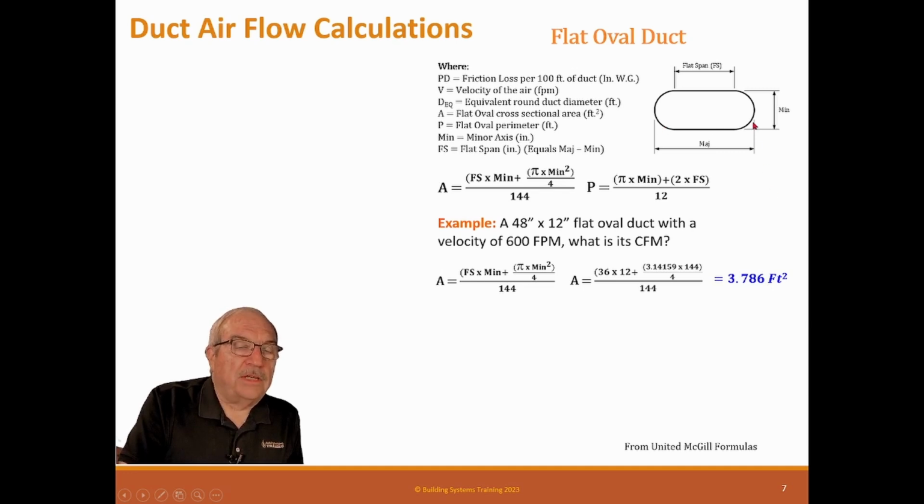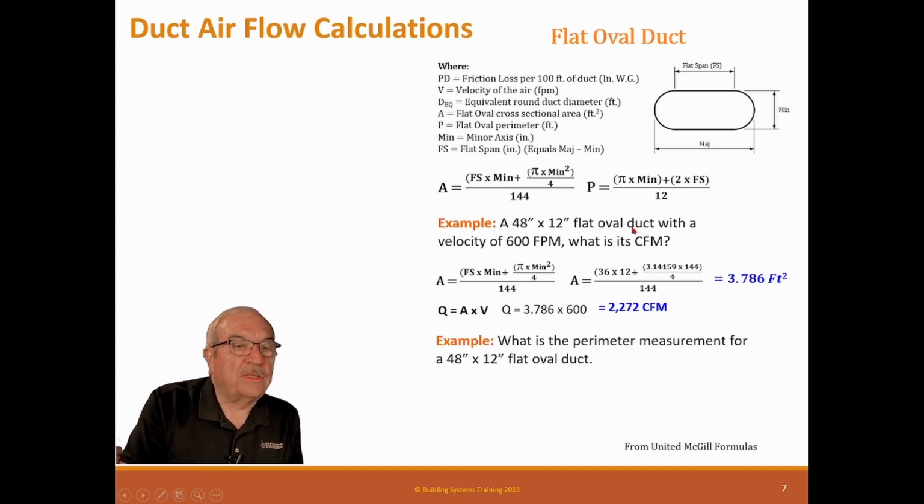So this 48-inch duct, 12 inches high, has 3.786 square feet. Now we take Q equals A times V, that simple formula we used before, and it becomes 3.786 times the velocity, which was 600 feet per minute, which equals 2,272 CFM. So that's how we calculate the airflow on a flat oval duct.